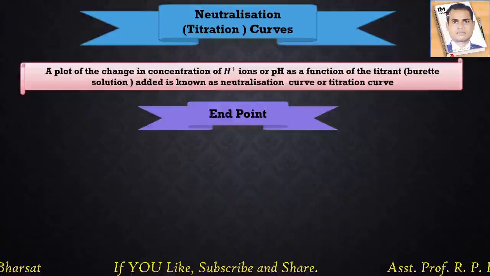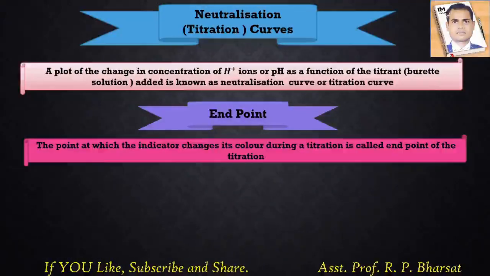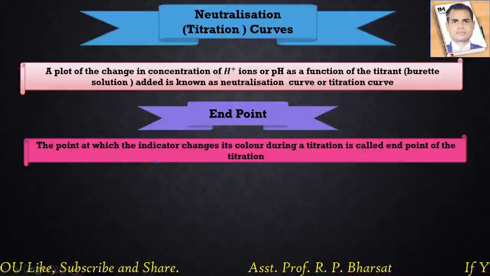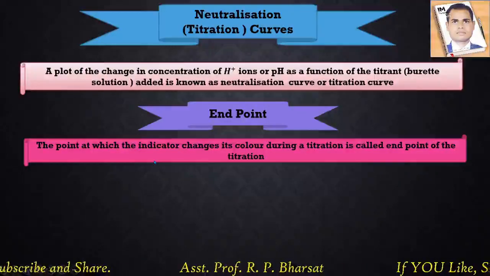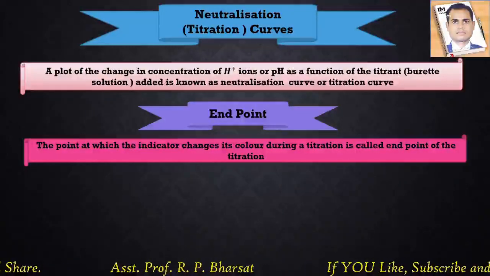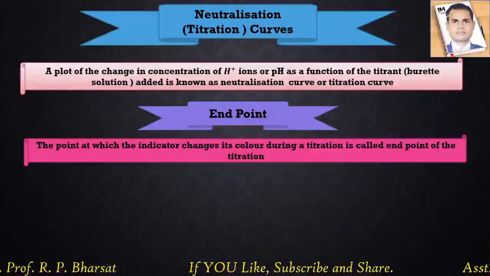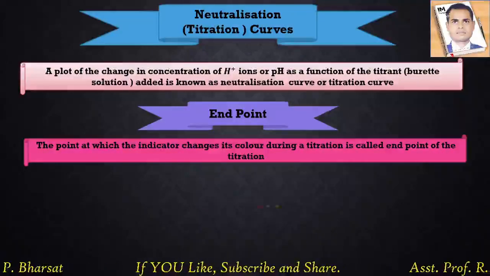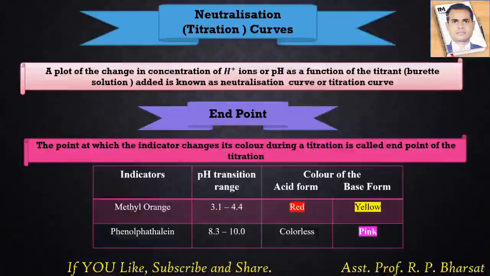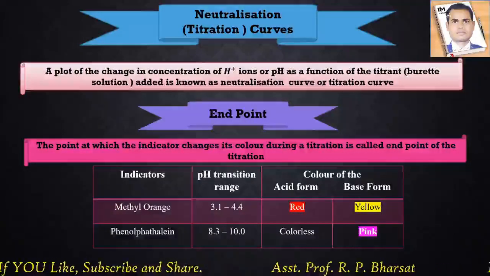endpoint. Endpoint means the point at which the indicator changes its color during a titration is called the endpoint of the titration. For example, you can see these two indicators.